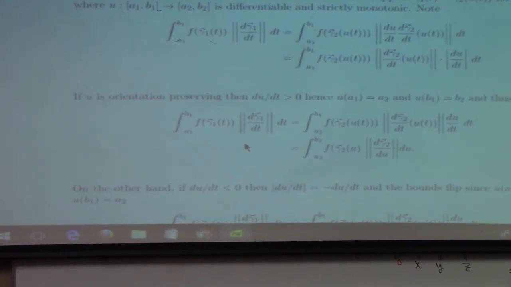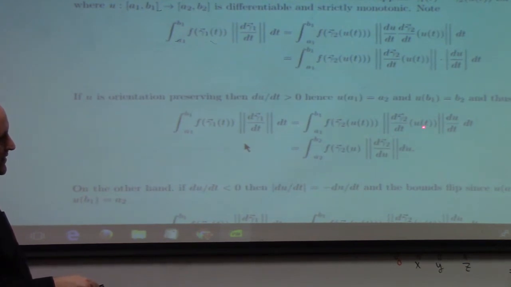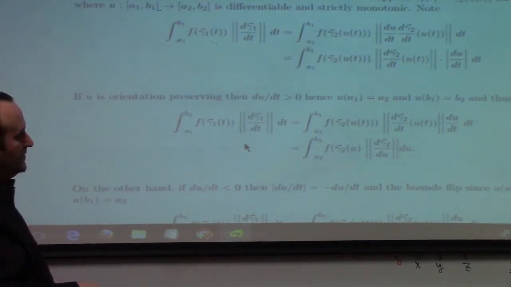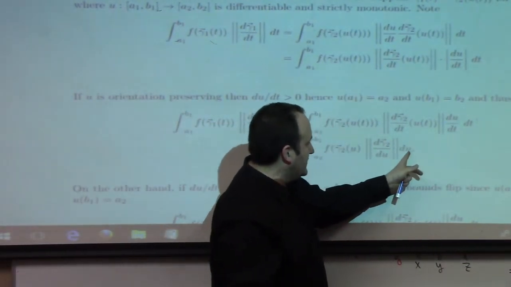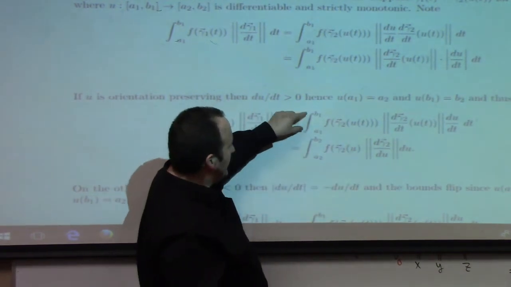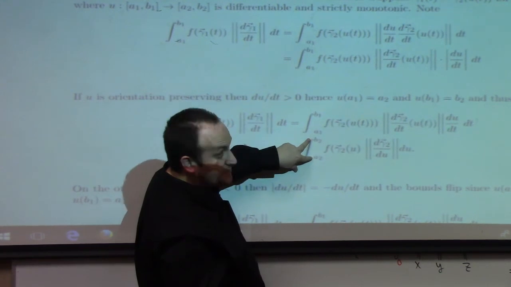And so this reparameterization just becomes, I drop the absolute values, the bounds stay as such. Well, they flip over to the new variable when I drop the dt and switch to u. You notice going from here to here, I've changed from dt integration to a du integration, corresponding to the fact that I flipped out my t bounds, which were a1, b1, for my u bounds, which were a2, b2.